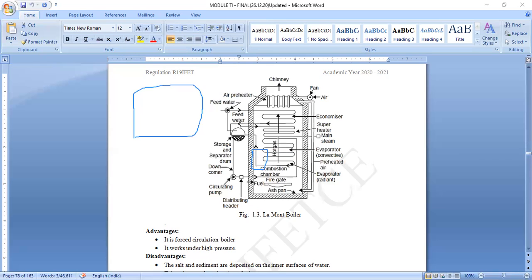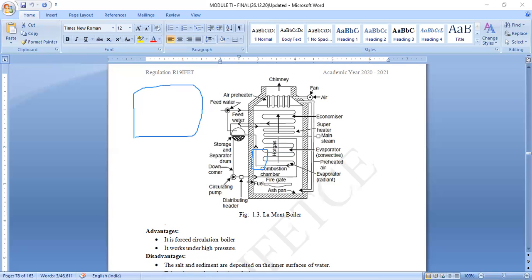Before that, air is supplied from here. The air is sucked from the atmosphere and passes through the air preheater. We need an air preheater because atmospheric air contains some moisture, which has to be removed before it goes to the combustion chamber in order to have proper combustion.